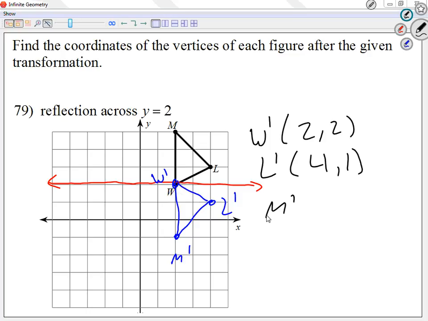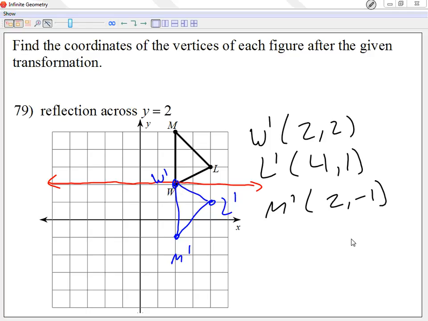And M prime: 2, negative 1. Which order do you guys go? It does not matter. I just listed the 3 letters, but the order does not matter. So do the transformation and then give me the coordinates.